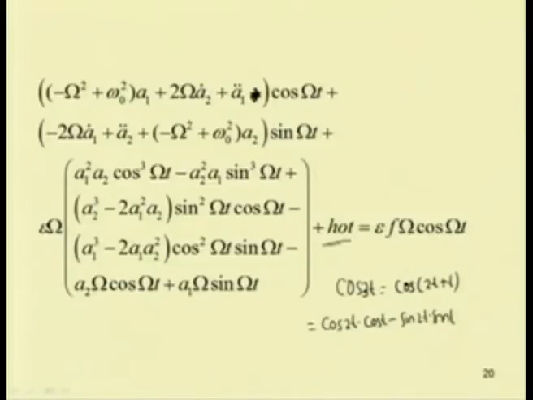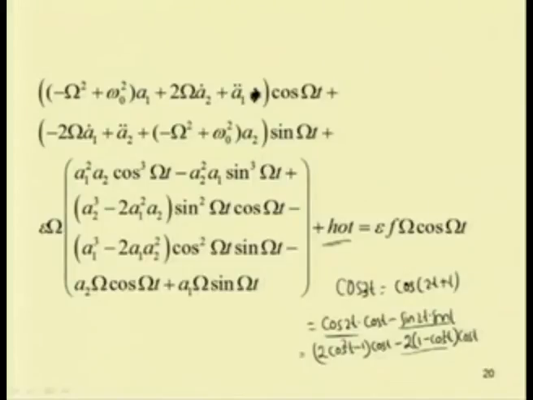Now again breaking down this cos 2t: cos 2t equals cos square t minus sin square t, or one can write it as 2 cos square t minus 1, into cos t. Minus, this becomes 2 sin square t cos t, since sin 2t is 2 sin t cos t. The sin square t one can write as 1 minus cos square t, so 2 sin square t cos t is replaced by 2 into (1 minus cos square t) into cos t.